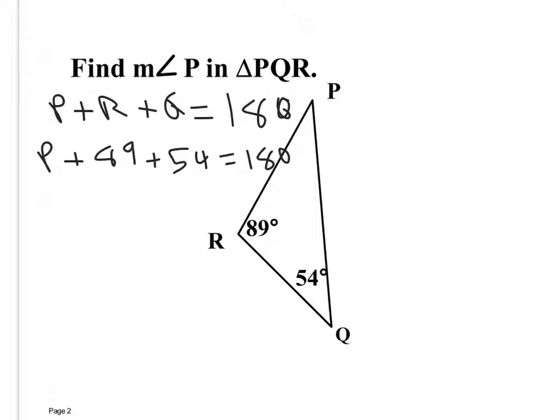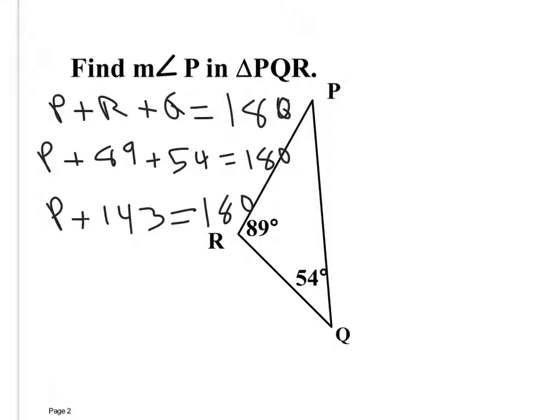So now I just got to figure out what P is. Well, add 89 and 54. What is 89 and 54? P plus 143, since 89 and 54 is 143, gives me 180.